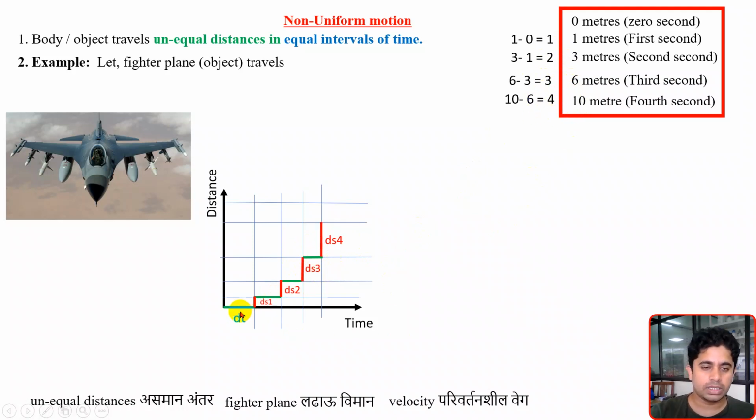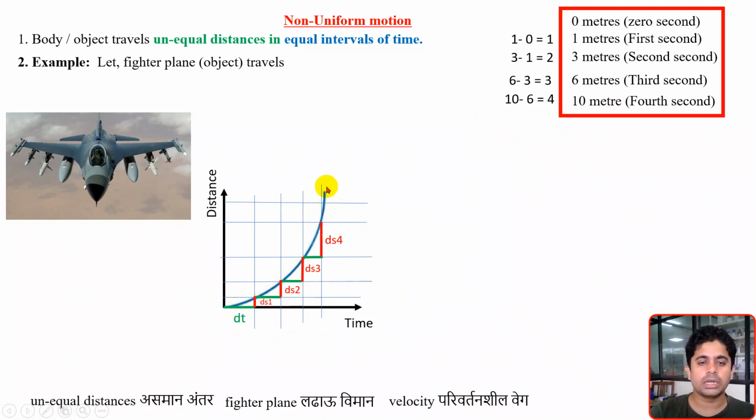In this graph also, ds4 has the highest magnitude, which is 4, and ds1 has the lowest magnitude, which is 1. So it is in increasing order from ds1 to ds2, ds3, ds4. Now if I connect them, the graph will be like this. This graph is not a straight line. It is curved in shape.